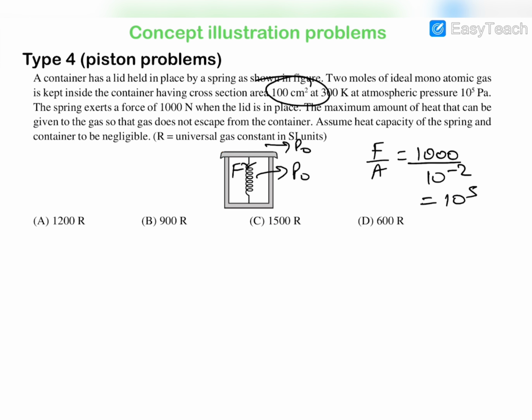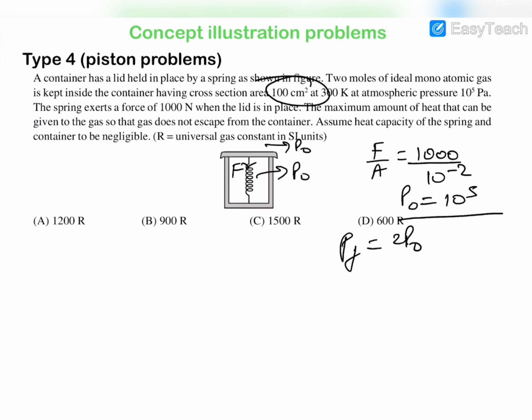So we can say that the final pressure of the gas should be equal to 2 P naught, because it would balance the P naught pressure of the atmosphere as well as the P naught pressure of the spring. If the pressure of the gas is 2 P naught in the upward direction, then the net force on the lid would become 0, and the lid will start to rise up and the gas will start to escape from the vessel.